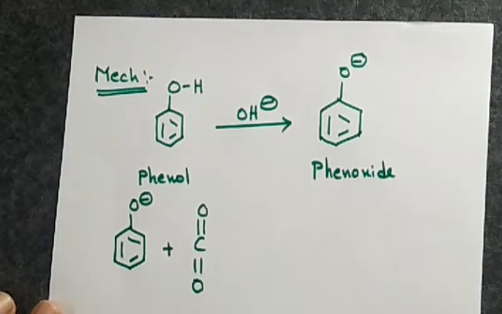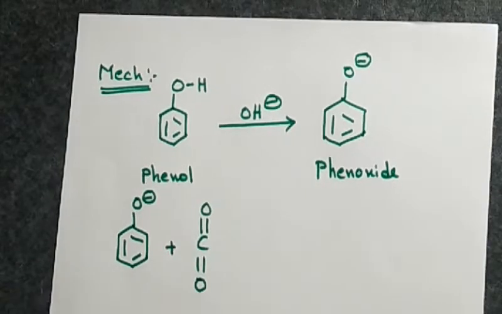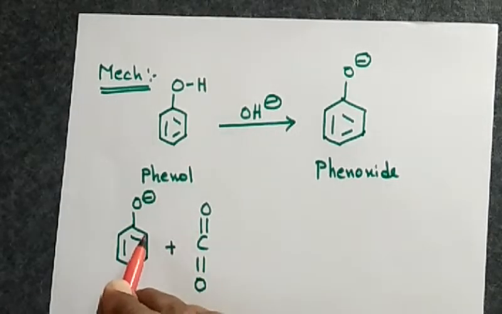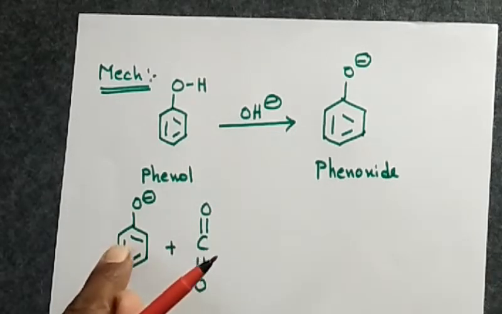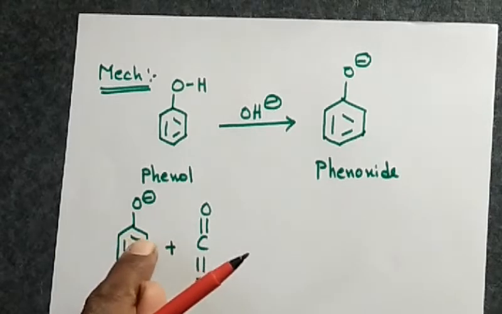Here, please observe what happens is, the bonding takes place between this particular carbon and the carbon dioxide molecule. So for that thing to happen, this phenoxide ion converts itself to a carbon nucleophile.